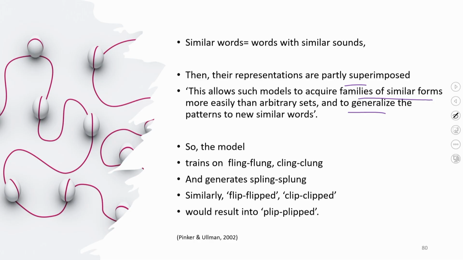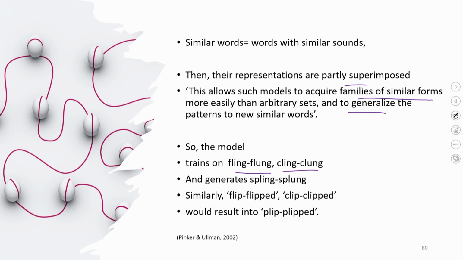For example, if the system is exposed to words like fling becoming flung and similarly cling to clung, this is because they sound similar, right. So, similar sounding words have a similar kind of pattern.